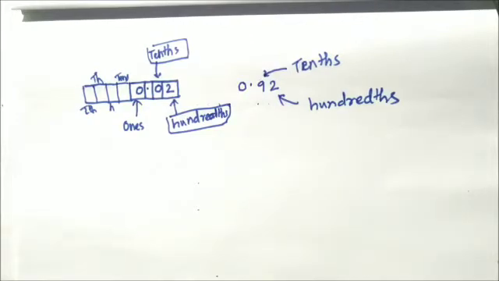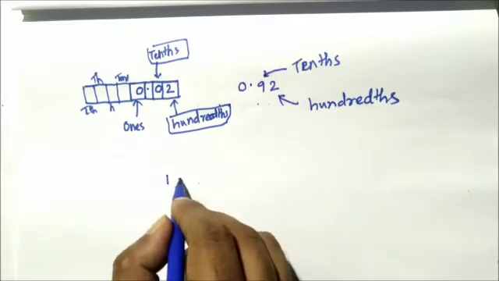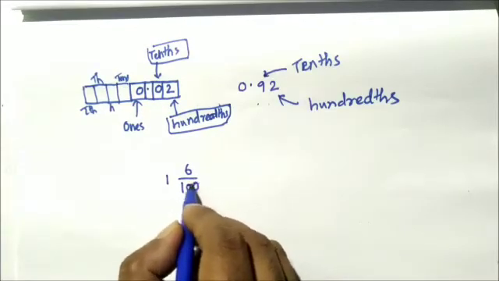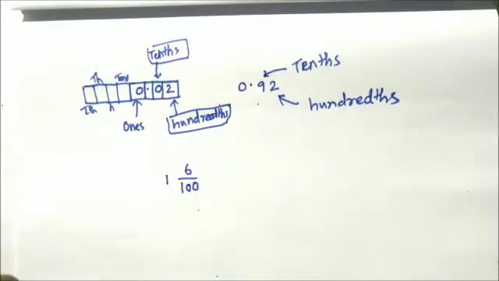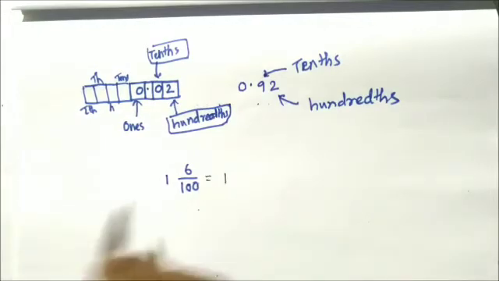Coming to another part. Say we have a mixed fraction, 1 whole 6 by 100. Actually, it can be written in a decimal way. Using the decimal point, we can write it as 1 point, because 1 is whole.